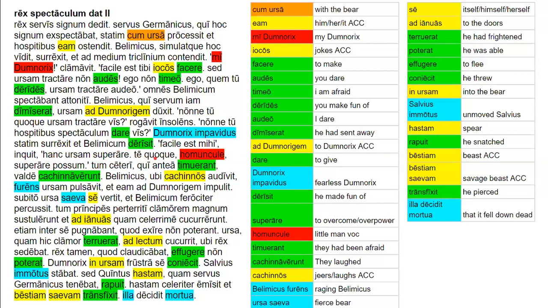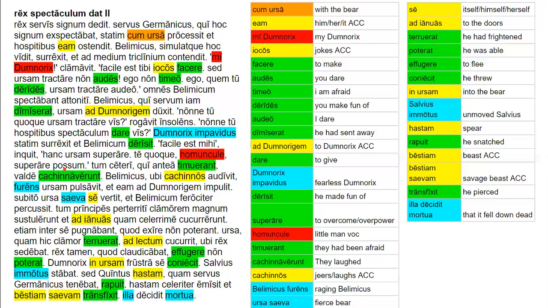You also, so te is the direct object, you also, homuncule. And homuncule, it means little man. A homunculus is a diminutive, but it also, in later terms, means a not fully formed human. It's a wonderful insult. So you also, little man, and this is a vocative, by the way.